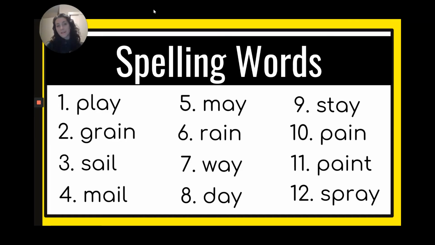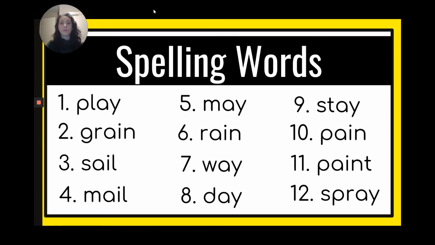The other kind of sail would be S-A-L-E, and that kind of sail is like if you saw a house that was for sale, or if you went to the store and it says something was on sale. It means it is available for purchase if it's for sale. And if it's on sale, it means that you can buy it at a discount or for less money than usual. Either way, those are S-A-L-E.